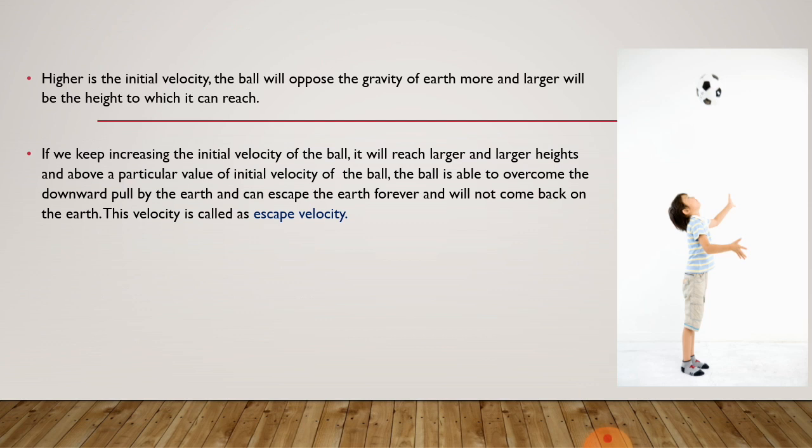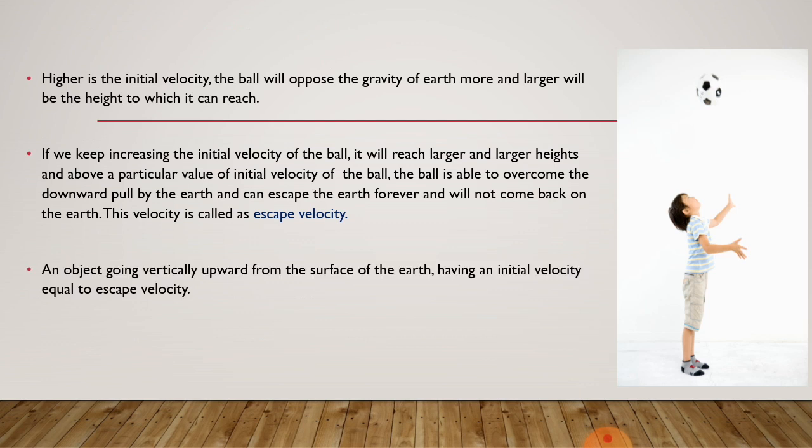Initially, when we throw a ball in an upward direction, it reaches a certain height and then comes back. But in the case of escape velocity, it doesn't fall on the surface of the earth. It goes to infinite height and escapes from the earth's surface, and it doesn't come back again.